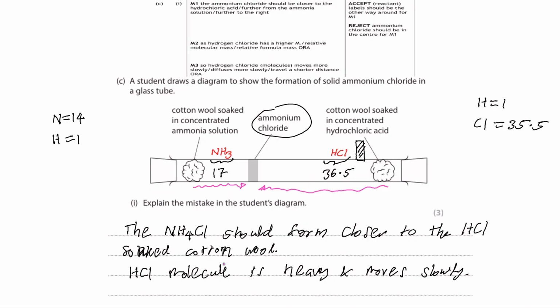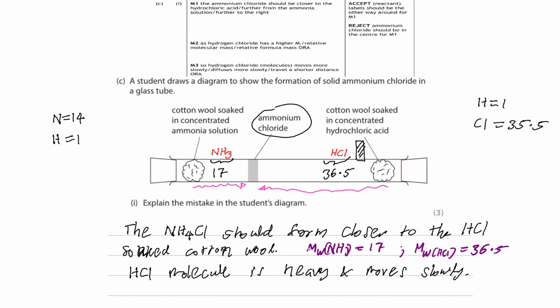So you can say that the molecular weight of ammonia is 17 and the molecular weight of HCl is 36.5. It's better if you include this part, then the answer is very complete. Then you can say that it's heavy.